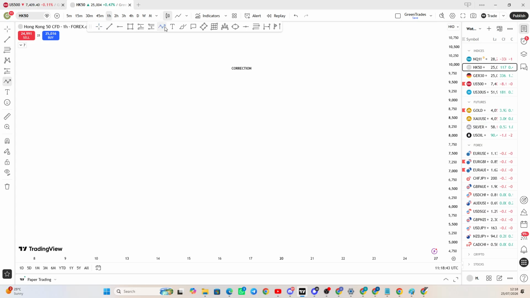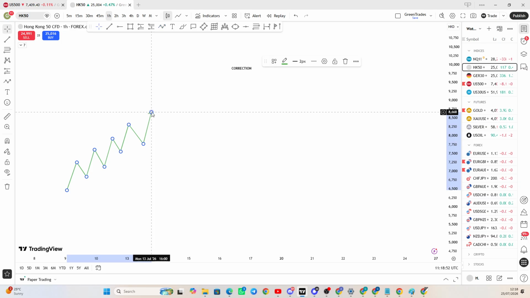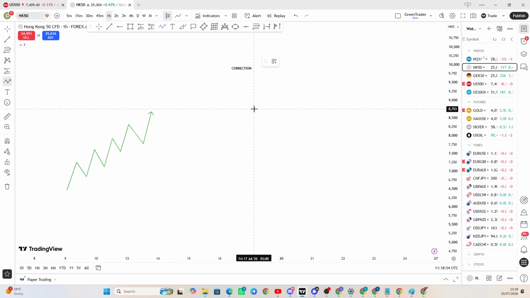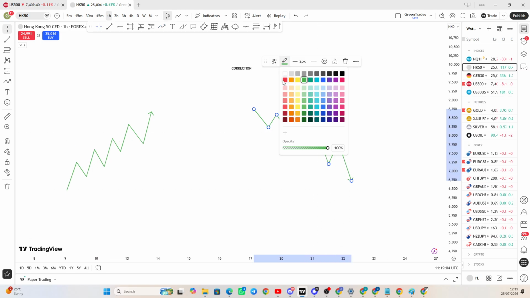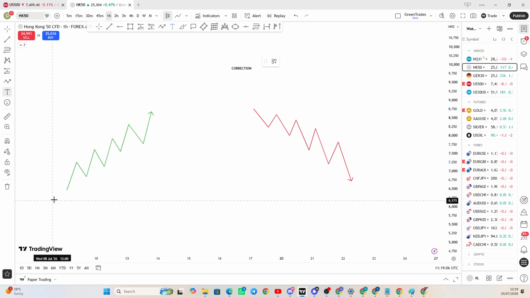So when it's a bullish structure, like we mentioned at the time, it forms higher highs and higher lows. If it's a bearish structure, it forms lower lows and lower highs. Let's make this one red so you can see the difference. That's a low. That is a high.